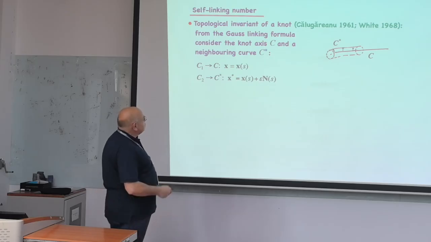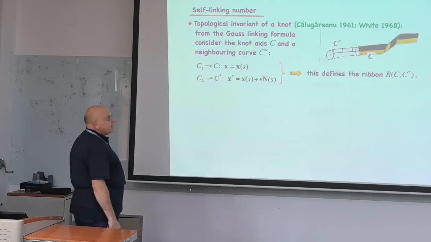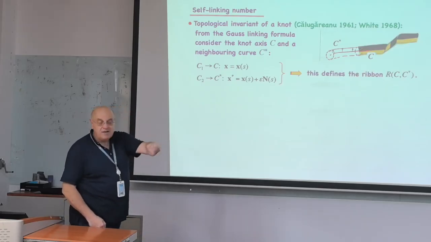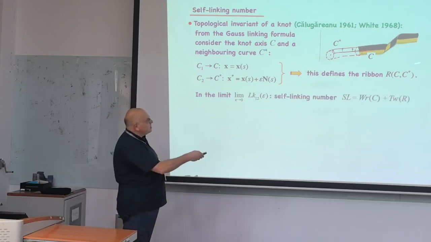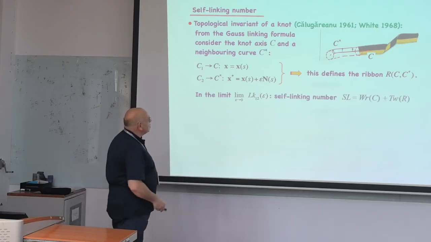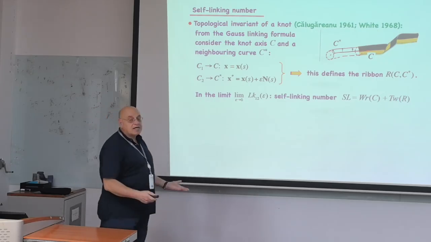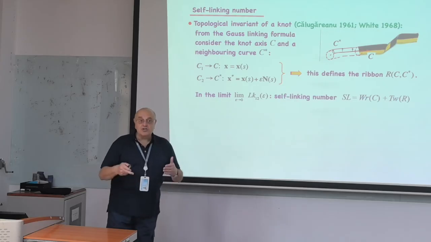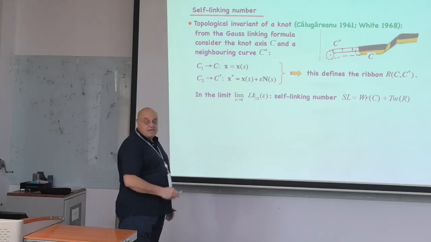Okay, you do this, you take epsilon as a measure of this ribbon, and then you take the limit as epsilon goes to 0 of this quantity. This is a ribbon, a mathematical ribbon between these two curves. When you take the limit of the Gauss linking number, you get a quantity that is still conserved topologically, and is called self-linking.